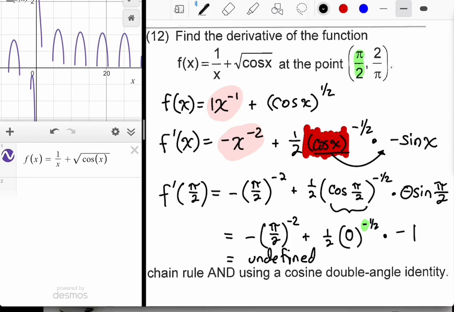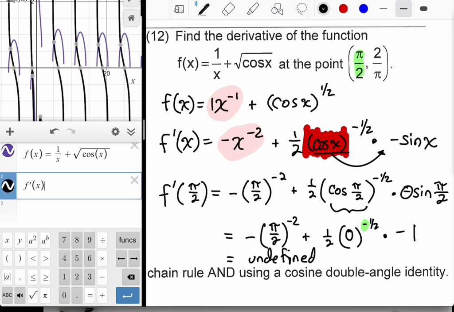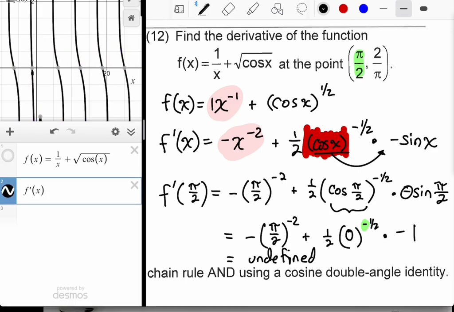So just make sure you're in the appropriate mode. In this case, Desmos is defaulted to radian mode, so I'm not worried about that. But if they said find the derivative at the point 60 degrees, comma, whatever, then make sure you make the adjustment. But f prime of x, if you wanted to look at the graph, looks like that, very tangential.